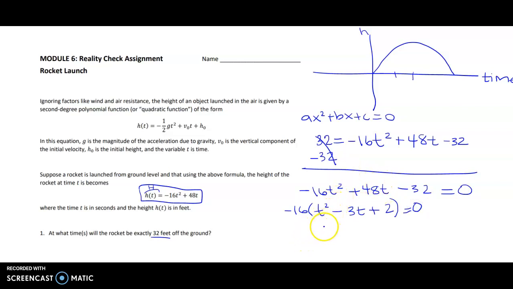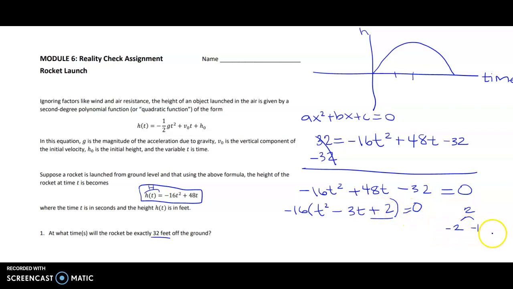Last, we want to solve this now for 0. The best way to solve this is if we can factor it. So we're looking for factors of positive 2 that add up to negative 3. If we look at 2, the only possibilities are 2 and 1. They have to multiply to equal a positive 2, but since they have to add to equal a negative 3, that tells us they'll both be negative. So let's check that. Negative 2 times negative 1 gives us a positive 2.